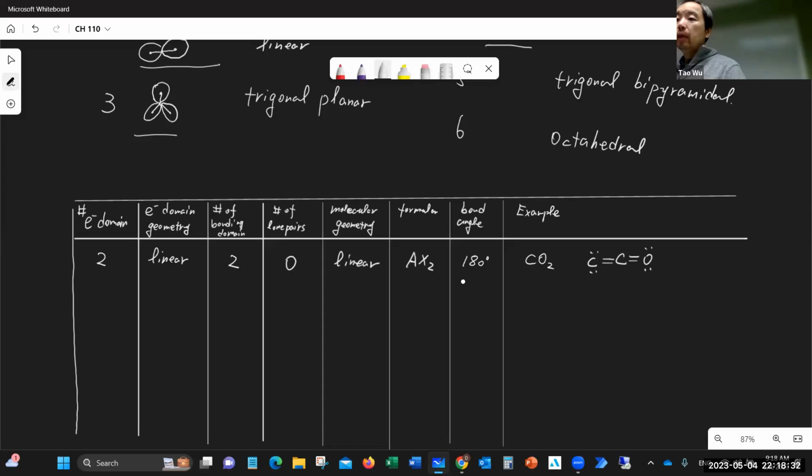Then we're going to talk about something a little more complicated, which is three electron domains. If we have three electron domains, then we know this is going to be a trigonal planar.